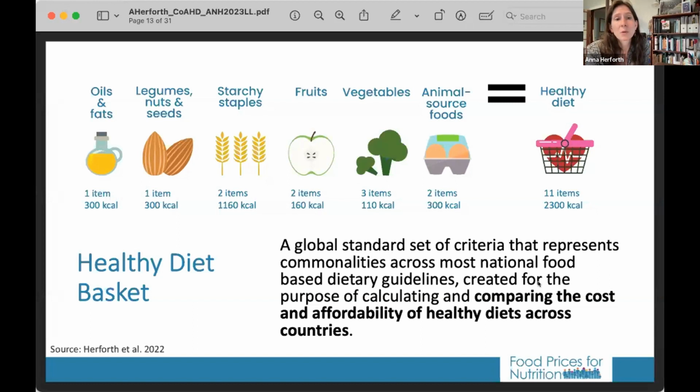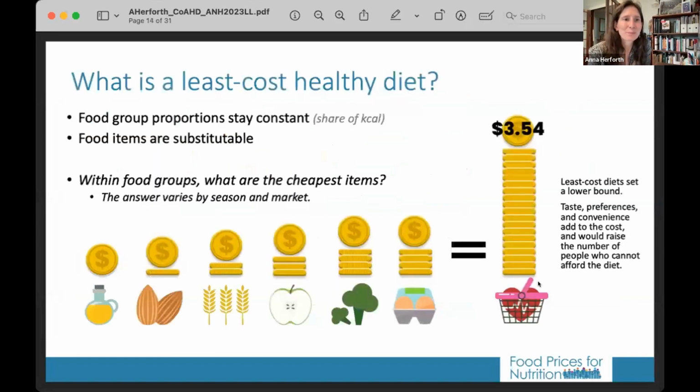And this adds up to 11 items, which generally satisfies the recommendation of diversity across the food groups. That is often a recommendation as well.